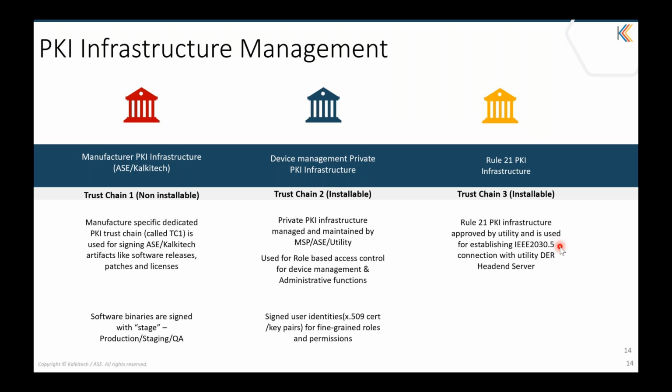In addition, if the utility prefers to have its own private CA, then the installable Trust Chain 3 option helps in installing the utility-specific certificate and using it for the 2030.5 communication. So both utility-defined and standard SunSpec certificates can be used in the gateway. That's the flexibility on that side as well.